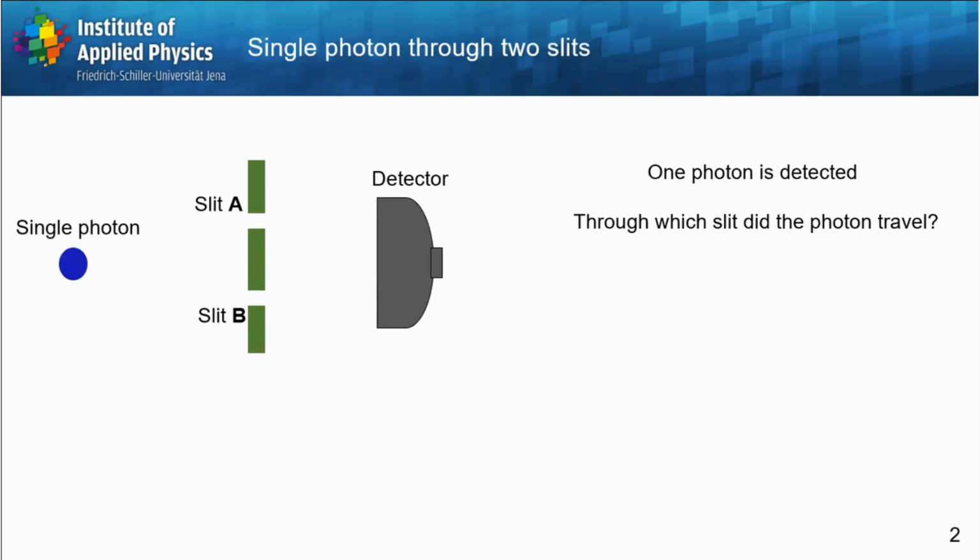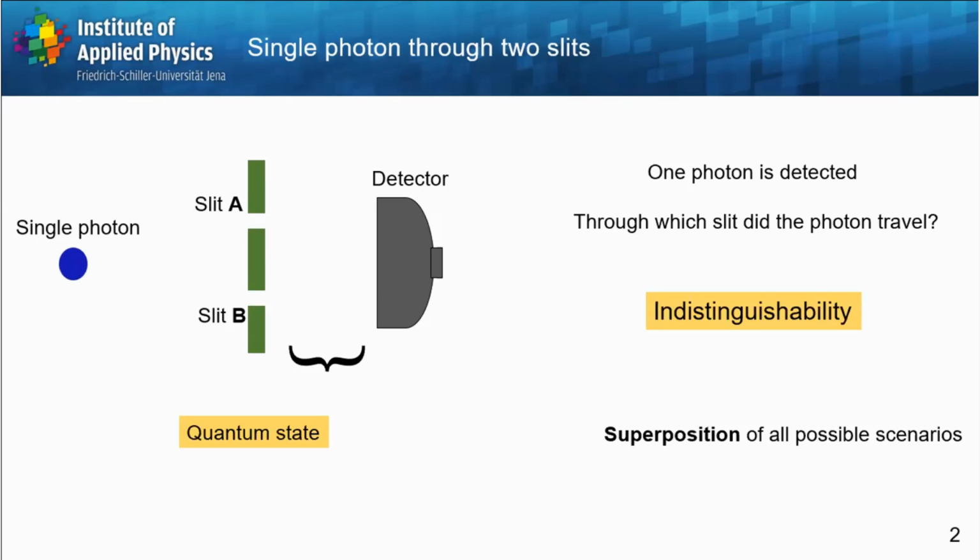And the question arises: through which slit did the photon travel? Then we actually don't know. It could be from A or it could be from B, but at the end, I'm measuring one photon on the other side. Since we don't know through which slit it went, this is called indistinguishability, because we cannot distinguish which way it took.